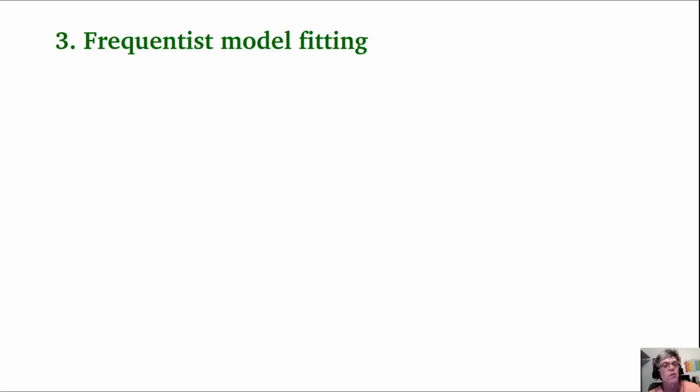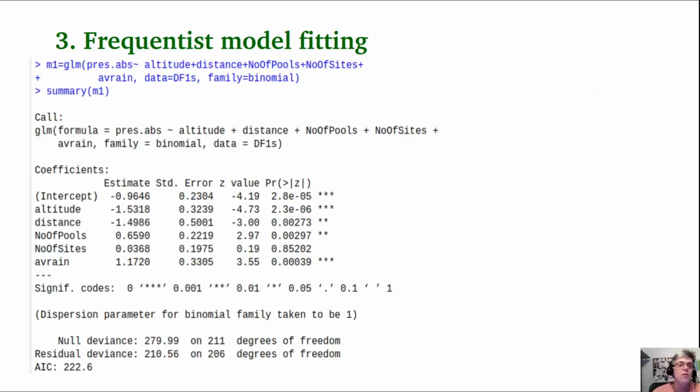that was recalled before. So for the frequentist model fitting, we are going to include these explanatory variables. Notice that we eliminated the average rainfall and the temperatures, because they are essentially reflected in altitude. So we simply state the family, the command is glm, and we state the type of GLM that we are going to define.